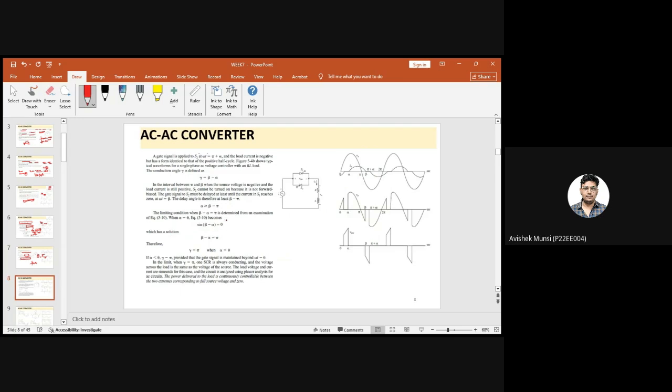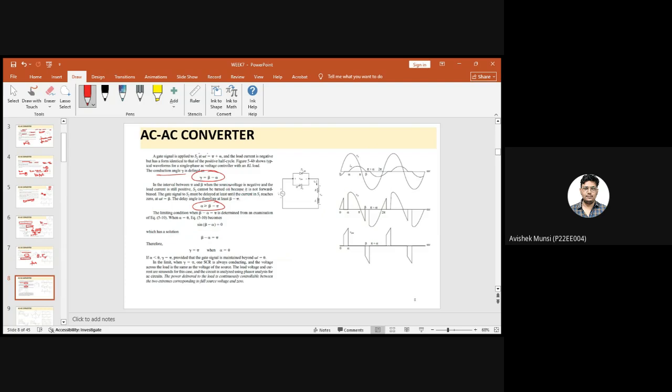Now, if a gate signal S2 at omega t equal to pi plus alpha is applied in the negative half cycle, then let us consider gamma to be the conduction angle, that will be beta minus alpha. So if alpha is greater than beta minus pi, when will that happen?